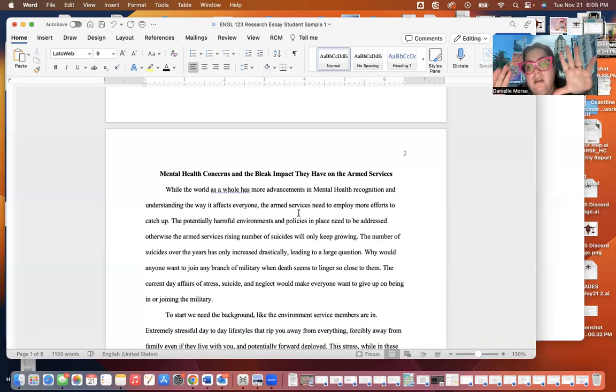When you're in the databases and you're trying to find sources that you want to use in your paper, it's so much easier when a scholarly article has a title where you know exactly what they're going to be arguing. There's a lot of titles out there that get published and it's like, that's not a good title.